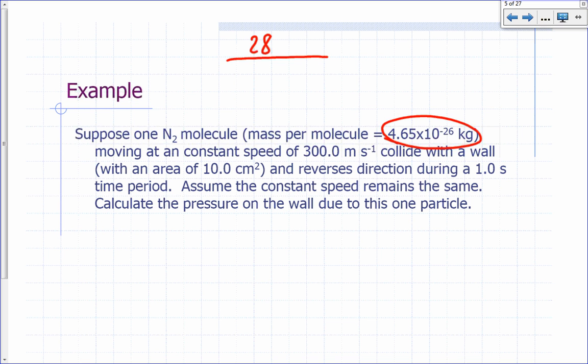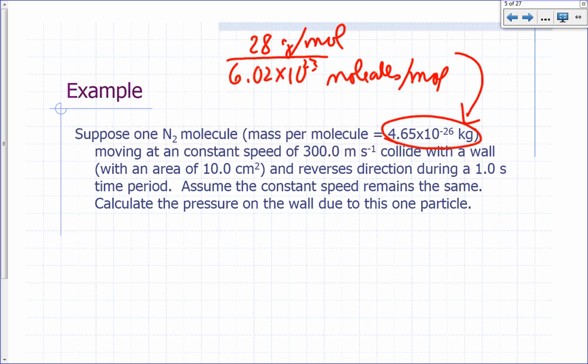If you divide by Avogadro's number, it's 28 grams per mole divided by 6.02 times 10 to the 23rd molecules per mole. That gives you grams per molecule, and you change that to kilograms.